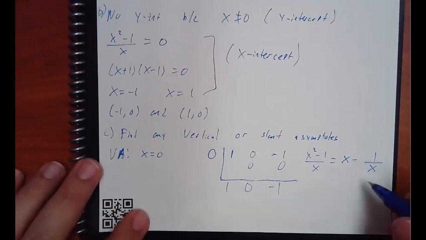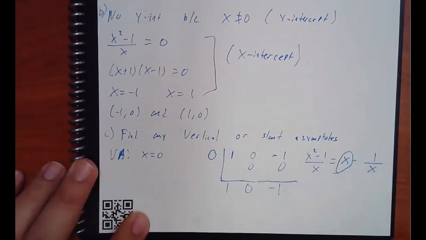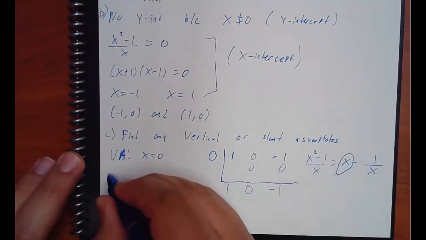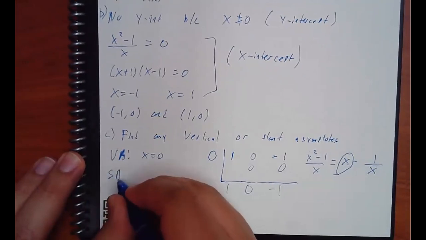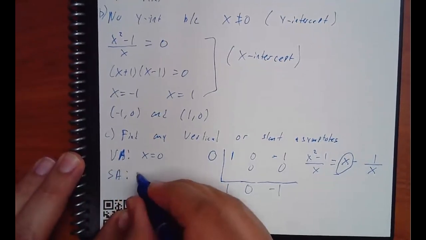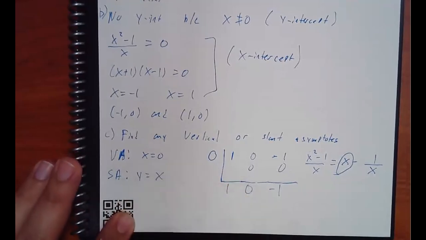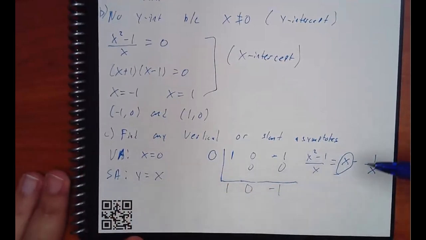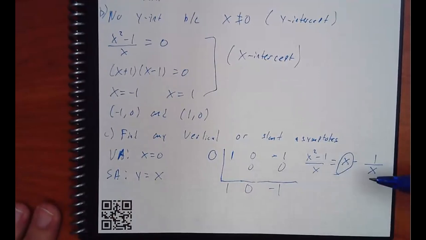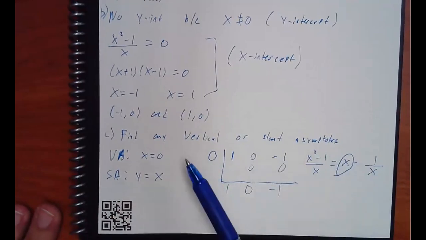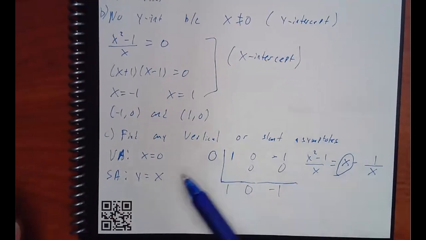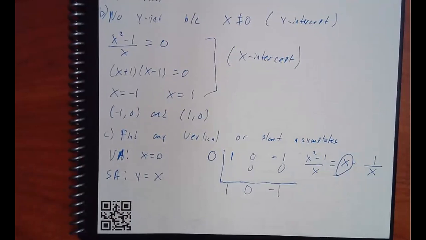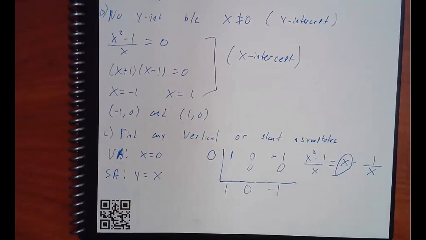So the oblique is this piece right here. We'll call it the slant, I guess. Y equal to x is the oblique in this case. So you can do synthetic. You just need to make sure you understand what you're dividing by and what the result means. If you just do a straight up long division, whatever you get as an answer is the equation. So you choose whatever you think is easier for you. Part C makes sense though.